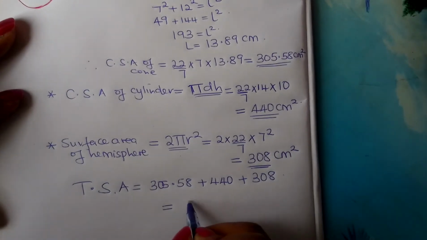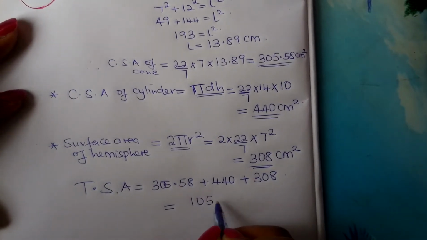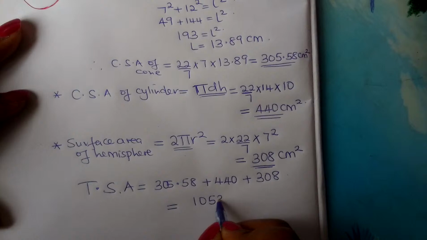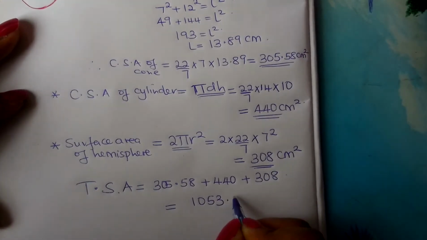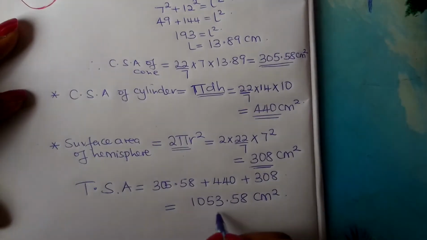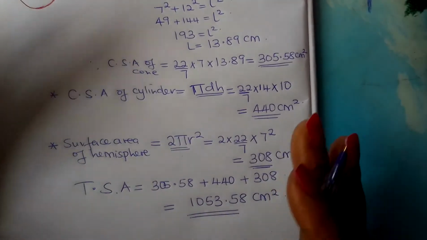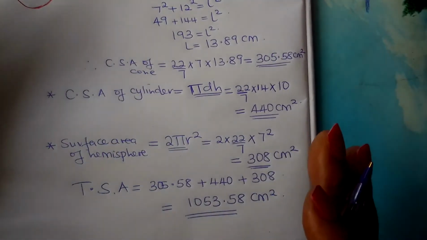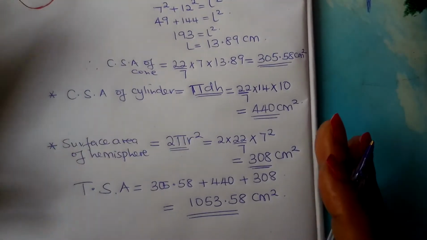So learner, if you add all that, you should get 1053.58 centimeters squared. Good.